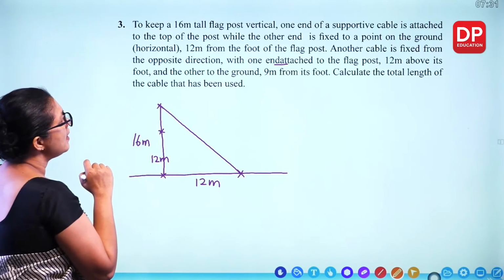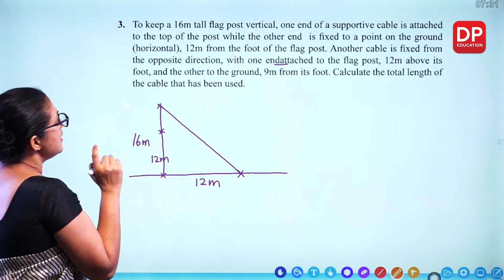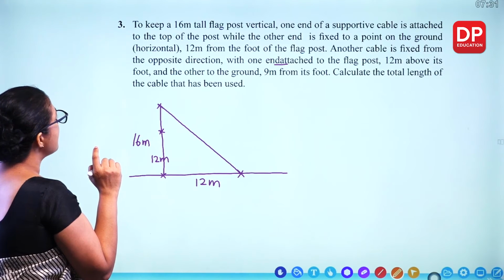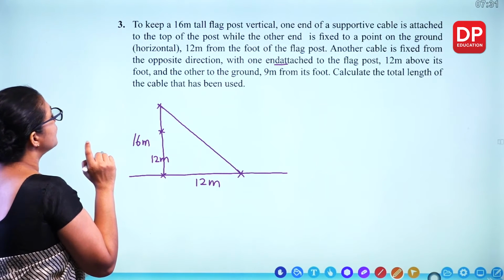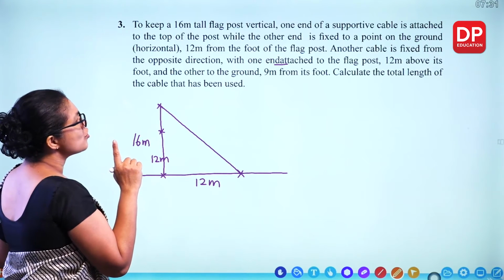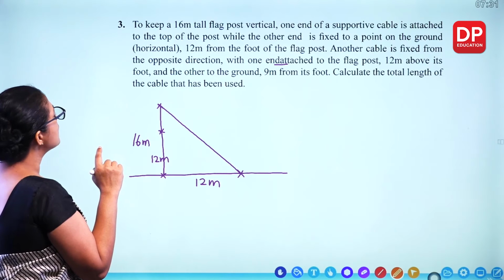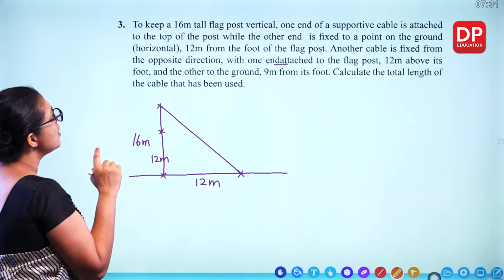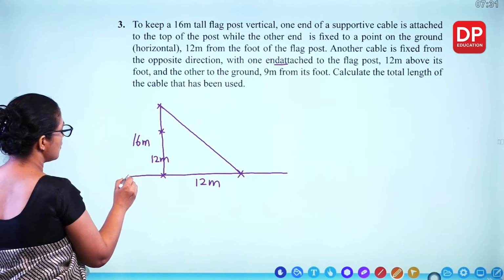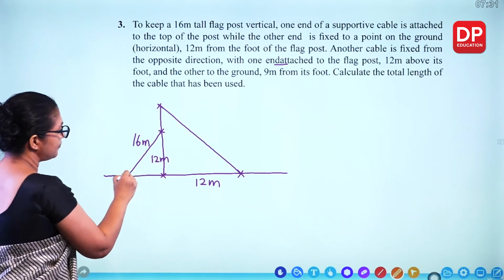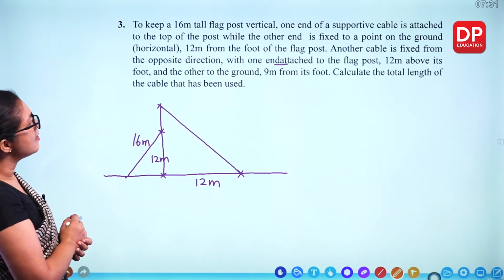So another cable is fixed from the opposite direction with one end attached to the flag post, 12 meters above its foot and the other to the ground. So this side, something like this.